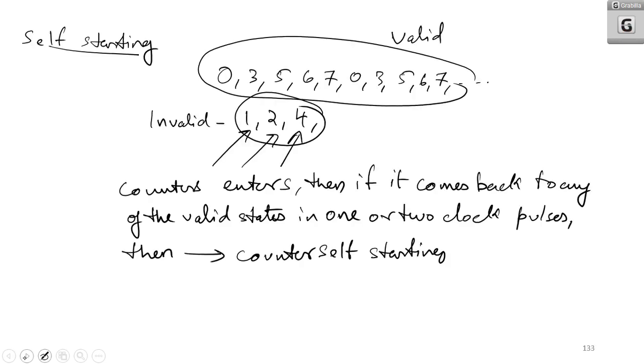Now coming to the lockout condition. What is meant by lockout?